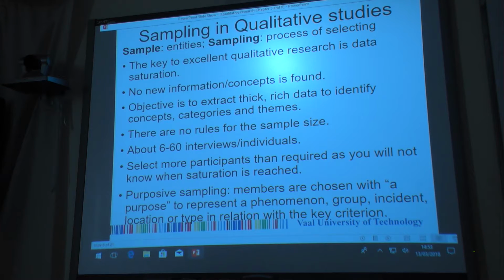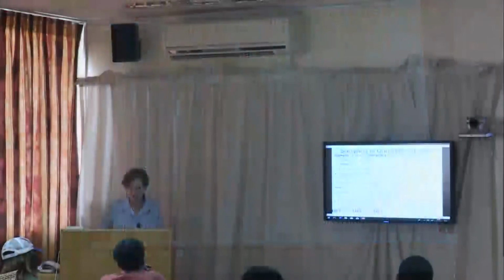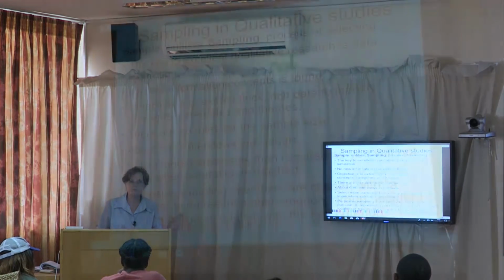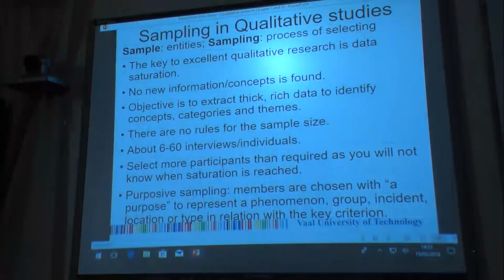Dr. Berger, for instance, I think she worked with 500 questionnaires or 800 questionnaires that she needs to dish out. Okay, so can you see there can be vast differences between them. Now, in qualitative research, we normally work with about 6 to 60 individuals, so it will be 6 to 60 interviews. Please, we will not do 60 interviews, you will not have time to do it, okay.